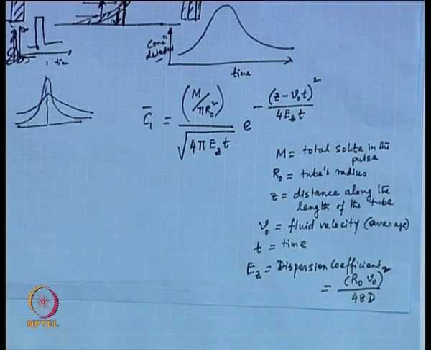Since we have a parabolic velocity profile, you consider this to be the average. So, V0 t is the place where the pulse would have been if it is travelling at average velocity over time t.